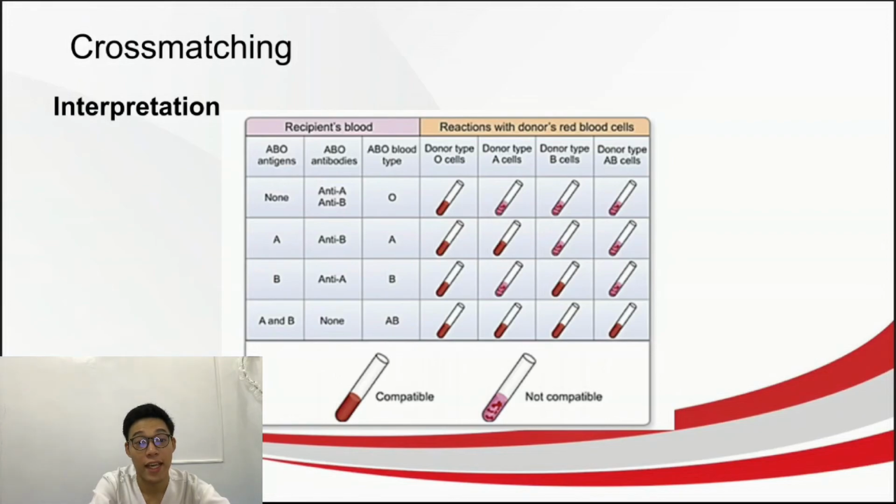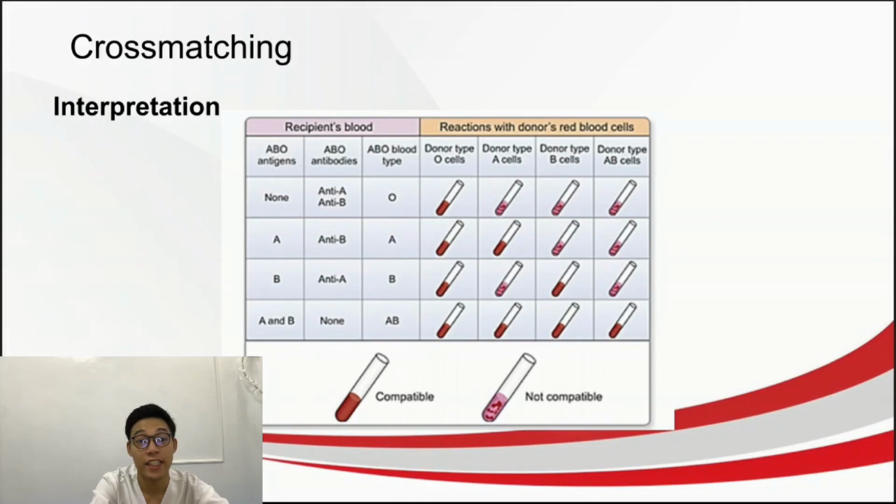And for the A antigens, the antibodies present is anti-B and the ABO blood type is A. It is compatible with the donor type O cells and of course the A cells. And for the B antigens, the antibodies is anti-A and the blood type is B. So the compatible donor type cells is the O cells and the B cells.